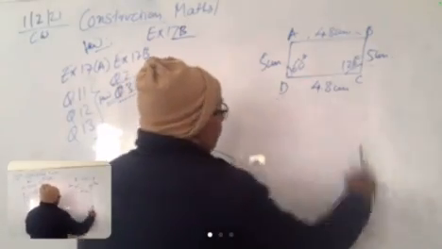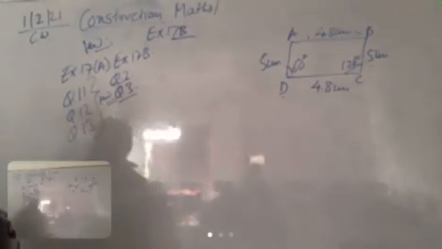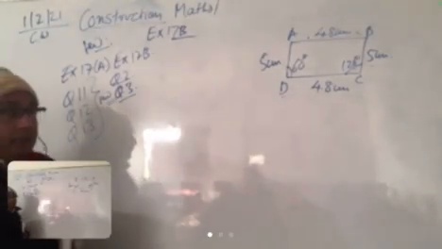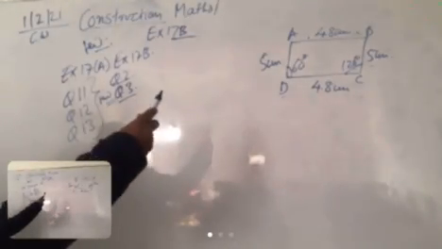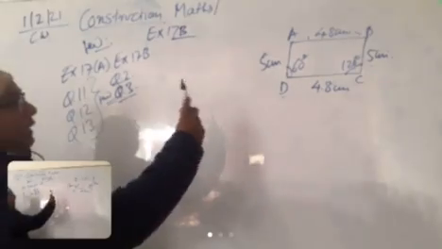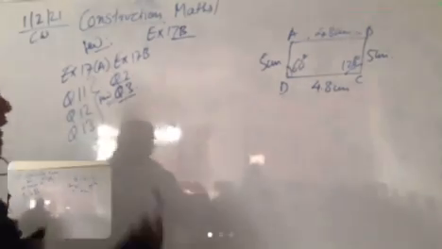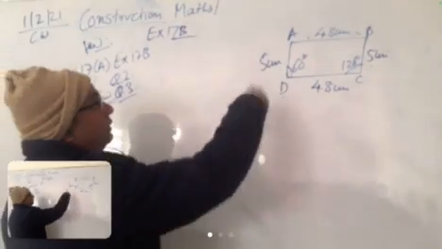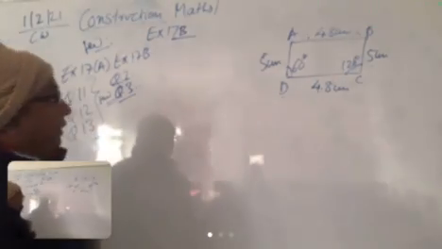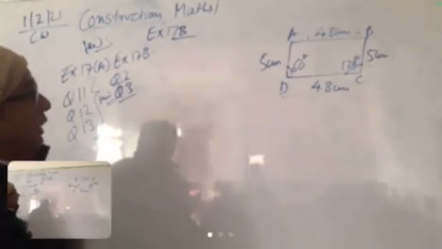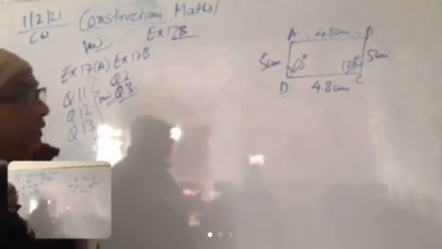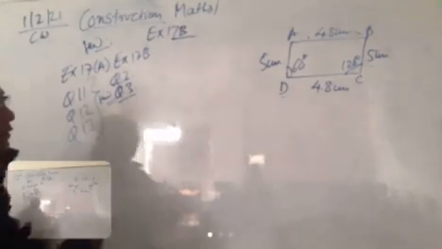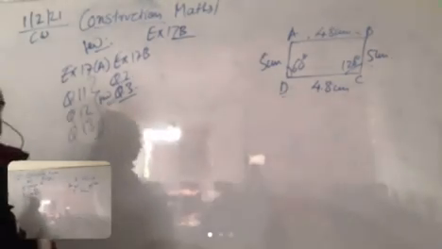Draw CD first, 120 degree at C, then 60 degree at D, and take a radius of 5 centimeter and cut the arc of line, whatever DX or DY, and then you will get A and B. Join AB and the required parallelogram is constructed now.